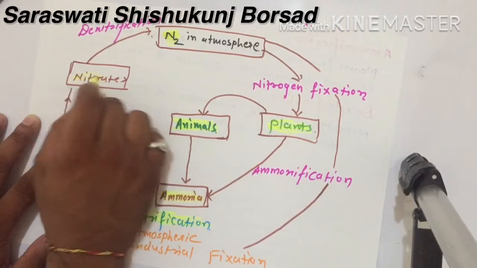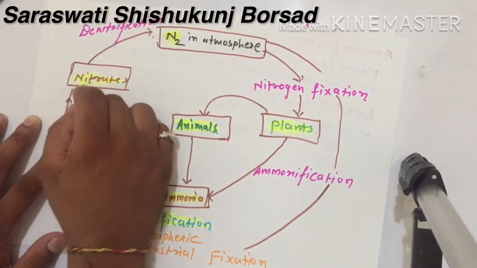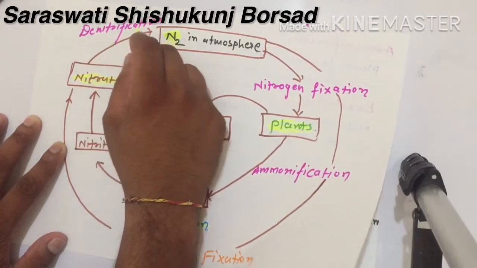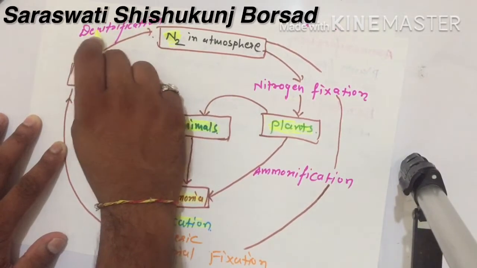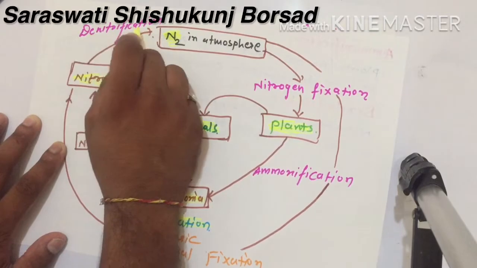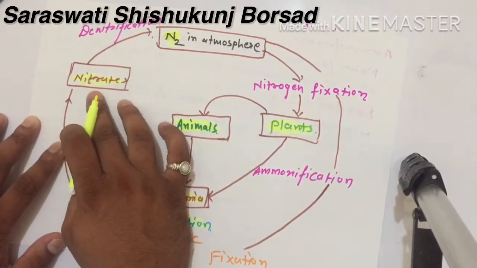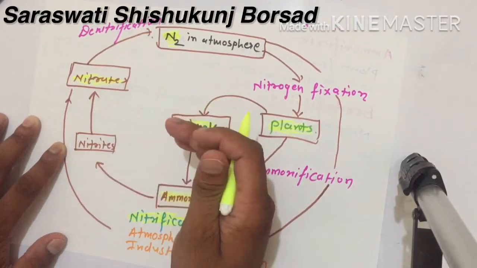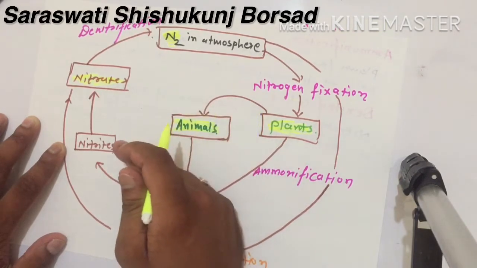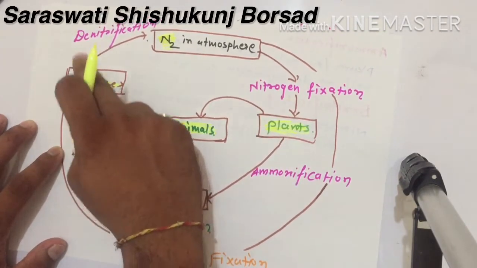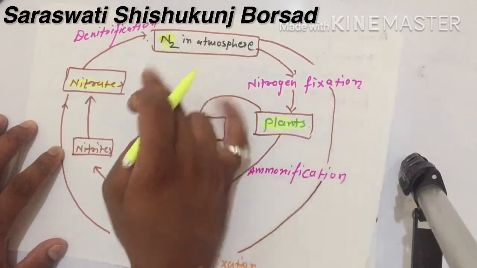Now the nitrates and nitrites which are produced will go by the process of denitrification. Denitrification means from these nitrates and nitrites, oxygen will get removed, and they will convert into inert nitrogen.